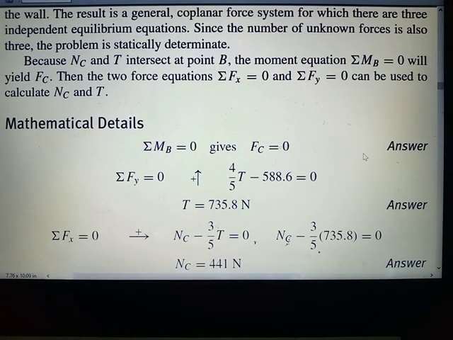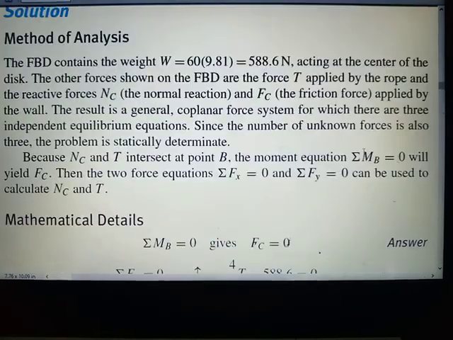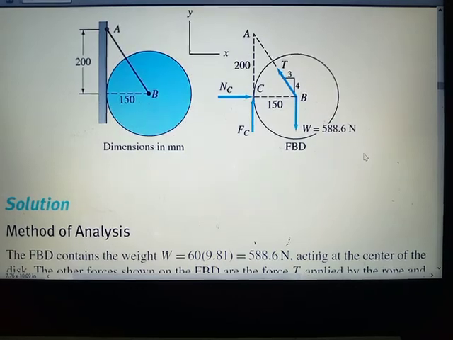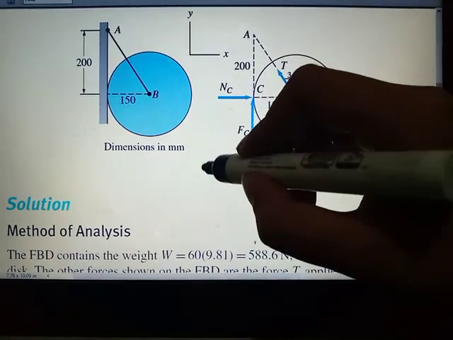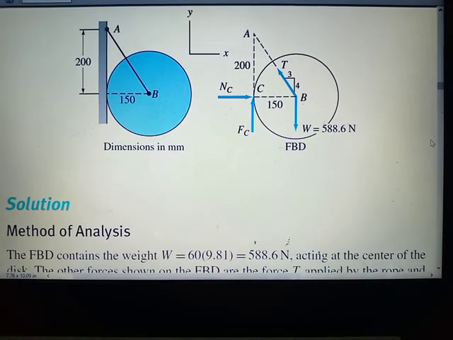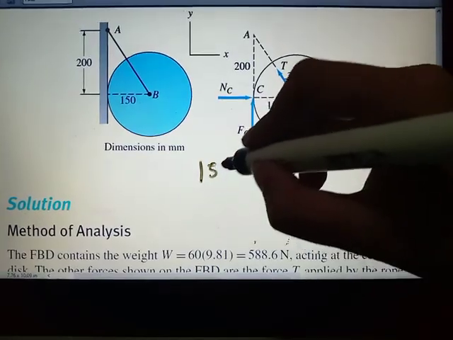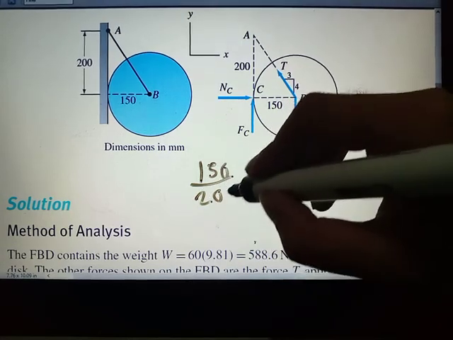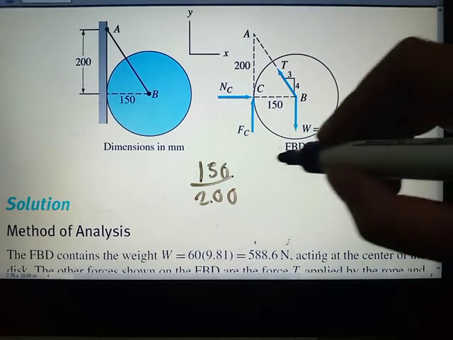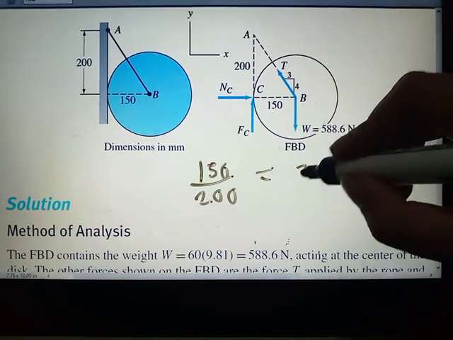And then if we sum up forces at Y equal to 0, upward as positive, you can break down this T into components. Since the horizontal direction is 150 and the vertical direction is 200, by applying proportionality, 150 over 200 is equivalent to 3/4.